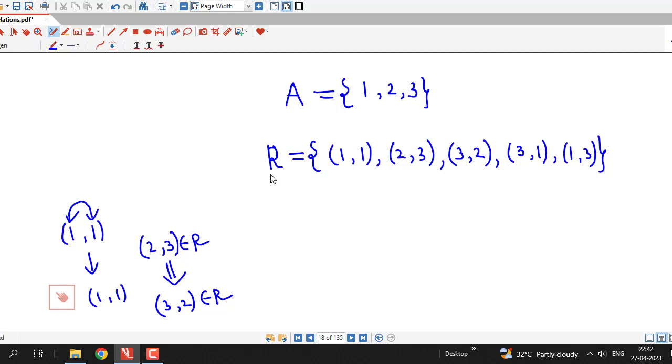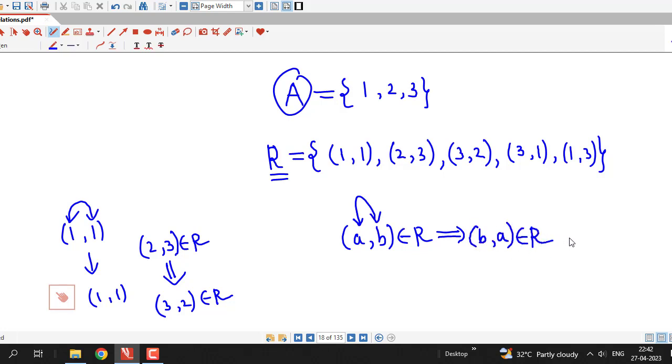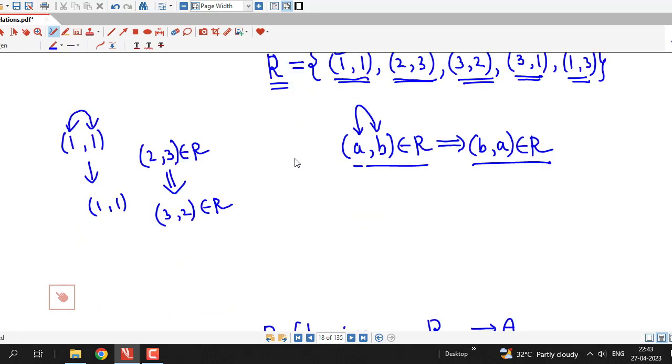So this relation R is symmetric on this set because if we take any ordered pair in this relation and change the position of the elements, this property is satisfied: AB belongs to R implies BA belongs to R. Here 2, 3 belongs to R, therefore 3, 2 is also in R. 3, 1 belongs to R, therefore 1, 3 is also in R. And for 1, 1, if we change the order we get the same element. Therefore this is a symmetric relation on this set A.